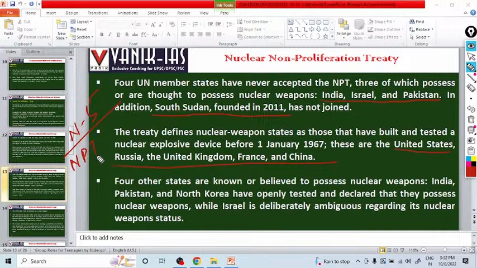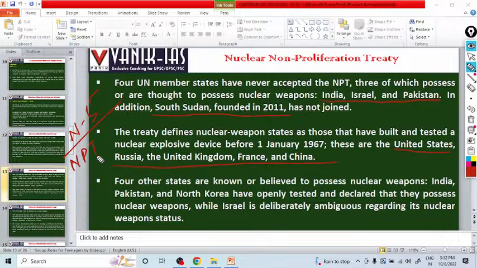Four other states are believed to possess nuclear weapons. India, Pakistan and North Korea have openly tested and declared that they possess nuclear weapons, while Israel is deliberately ambiguous regarding its nuclear weapon status.